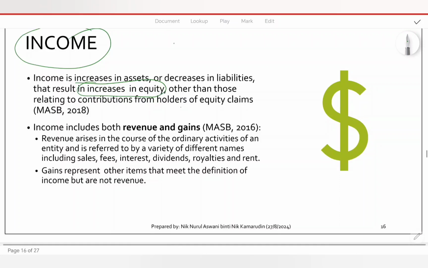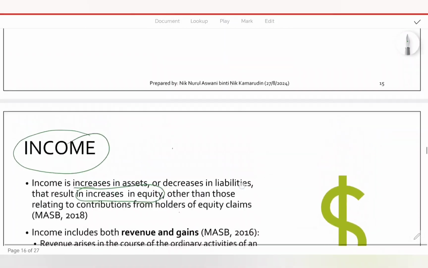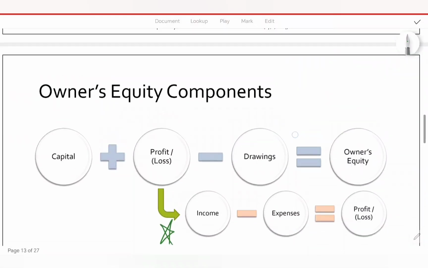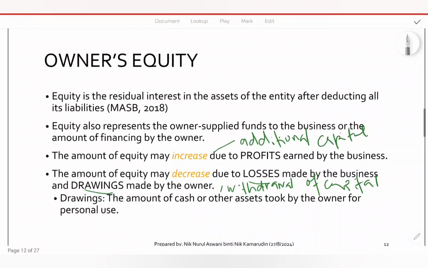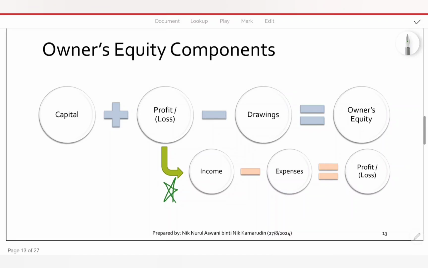We have actually discussed this previously in the components of equity, so let's look again at the definition and explanation of equity. We can see it clearer here: owner's equity components are capital plus profit or loss minus drawings.